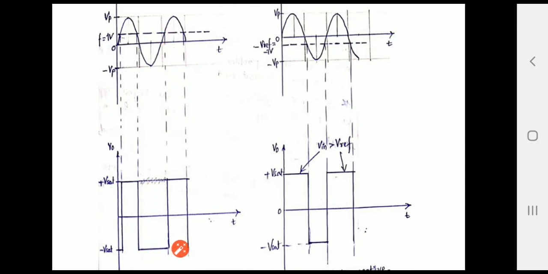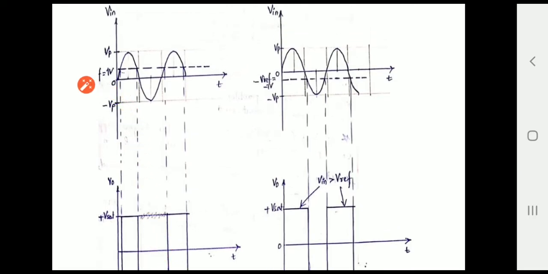That's why the time period of the positive cycle is smaller and the time period of the negative cycle is larger. Only this part of the cycle is constant at plus V saturation; for the remaining time it is at the negative level. This is for V reference taken at the positive side for the non-inverting comparator.